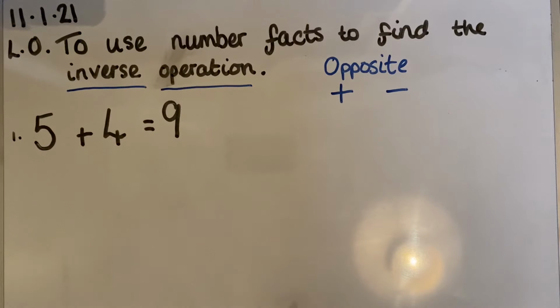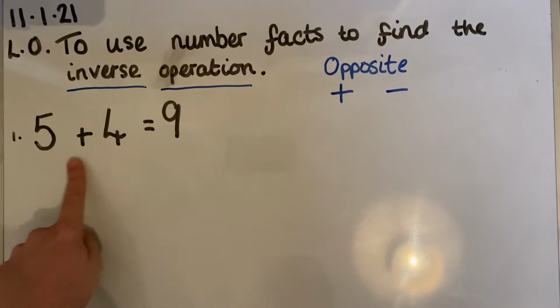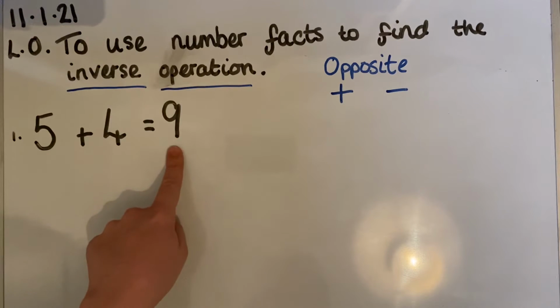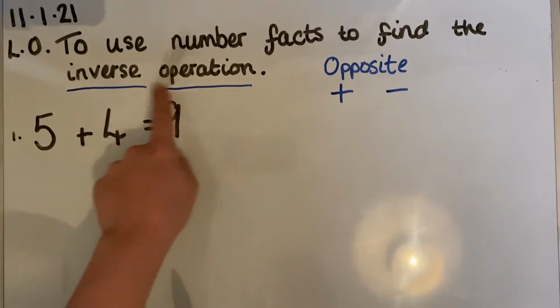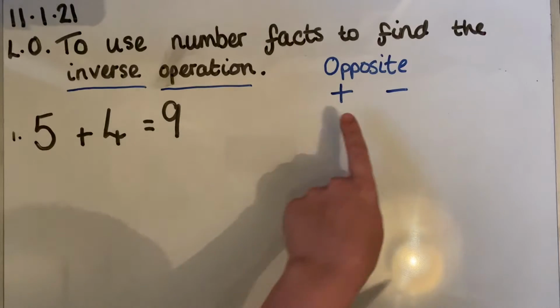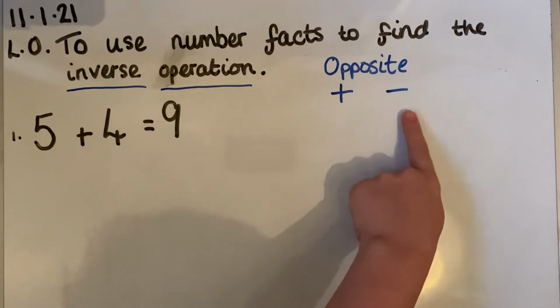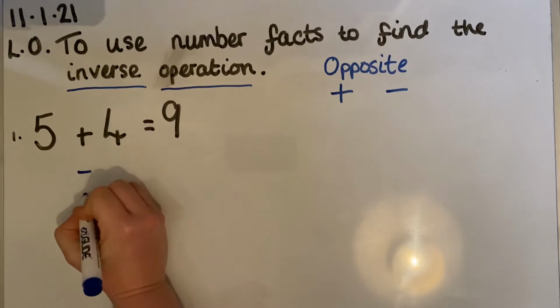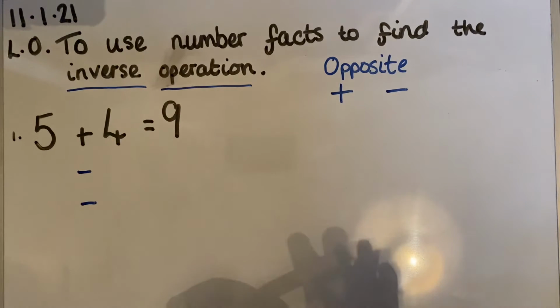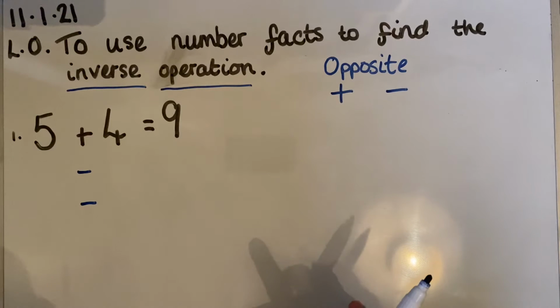So I've got a number sentence here. 5 add 4 equals 9. If I wanted to find the inverse operation to that sum, I know that the opposite to adding is taking away. And from one sum, I can find two inverse sums, two opposite sums.